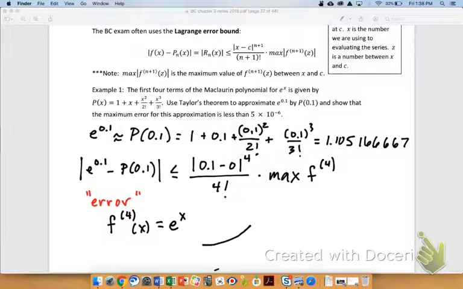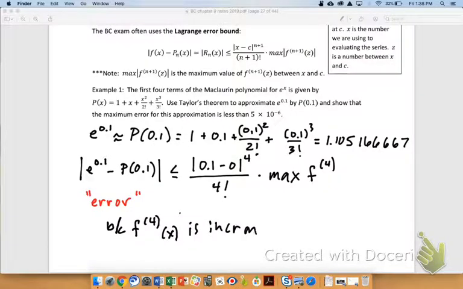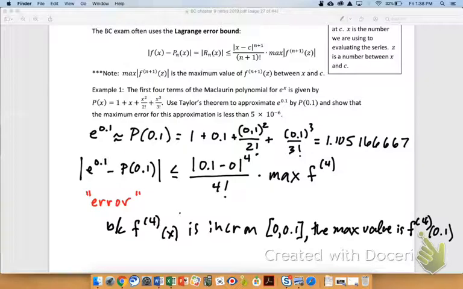So here's what I would do. I'll erase this stuff down here maybe. I'll write some reasoning. I'll say because the 4th derivative is increasing on the interval from 0 to 0.1, the max value is, when it says max, is that the max y value or the max x value? y.